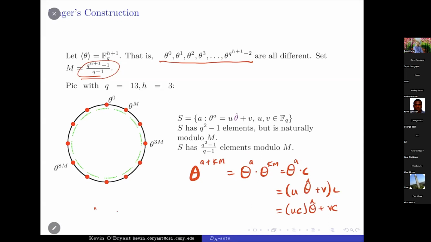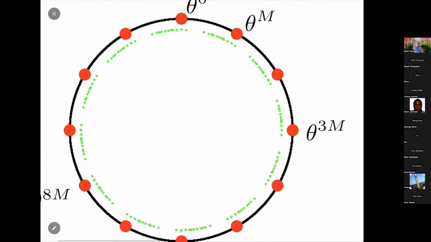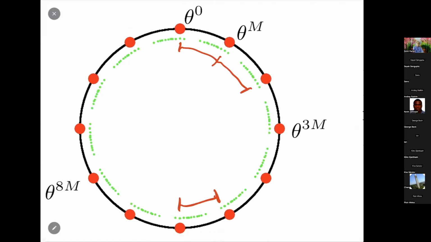Q squared minus 1 over q minus 1 is better known as q plus 1. Yeah. That's the size of our Singer set. And I've put this S here in these green dots around the inside. And you can see that it looks the same here as it does here, as it does here. That's that it's mod M, really, with this set.